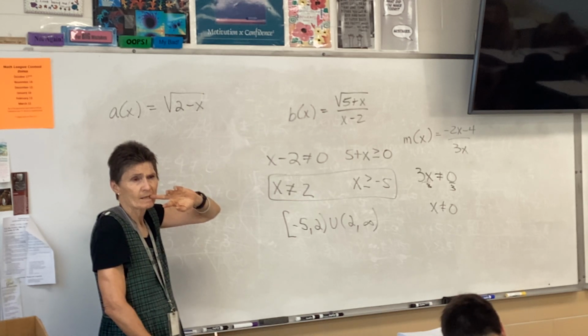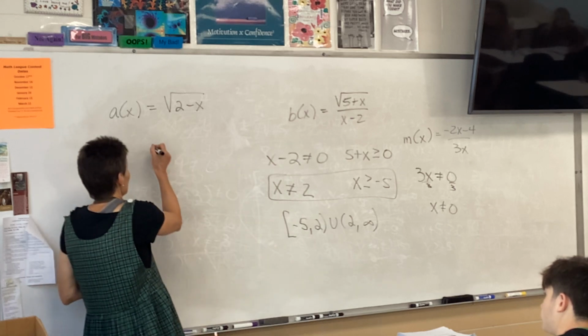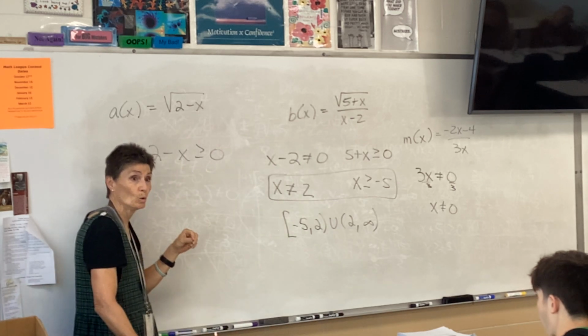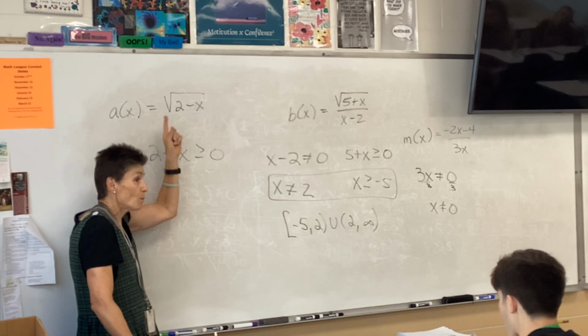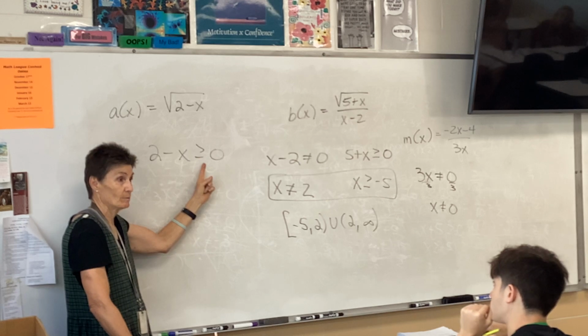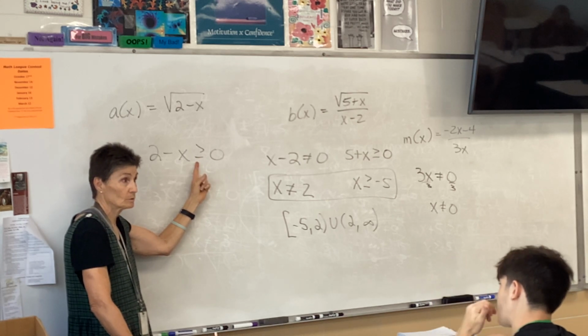Do we do 2 minus x is greater than or equal to 0? That's exactly what it would be. It would be 2 minus x is greater than or equal to 0, because the rule says if you have a radical, whatever is under it is greater than or equal to 0. Real easy, that's the rule.